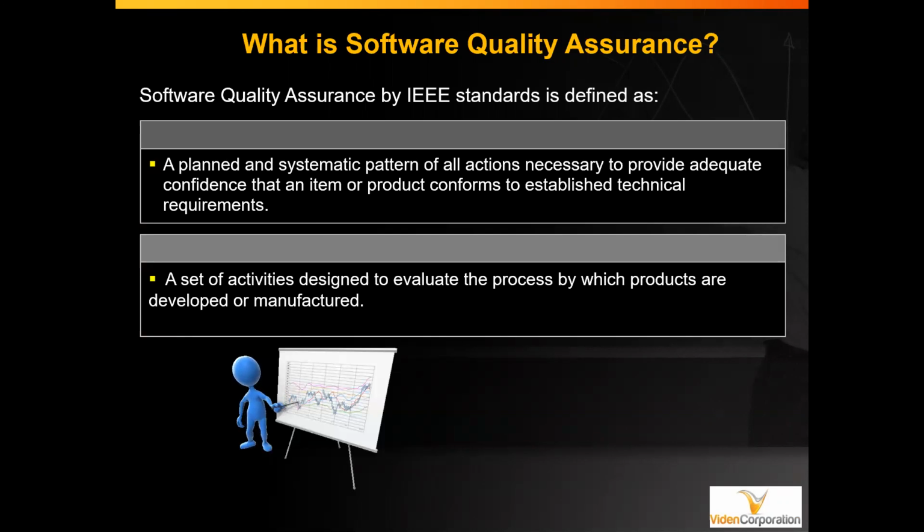Not just a physical product, actually. When you hear the word product, don't think it's just the physical product. It could be something non-tangible. That could be services also. QA also applies to customer service, things like that.